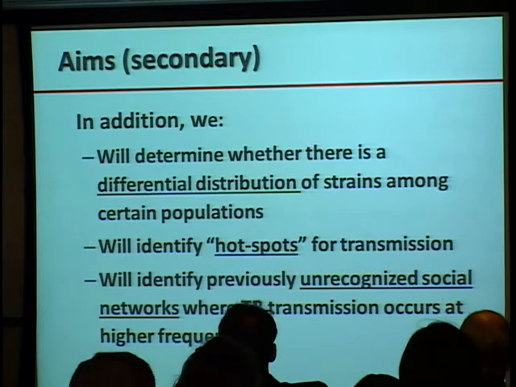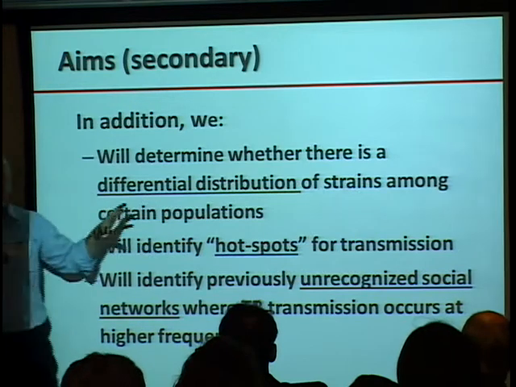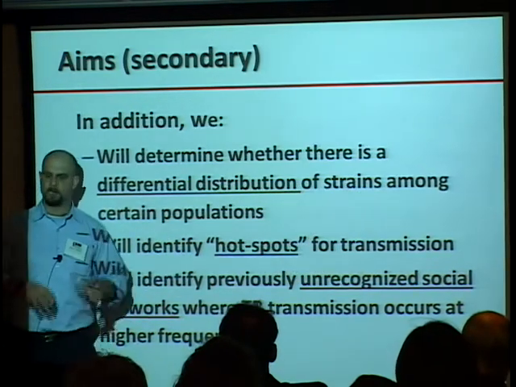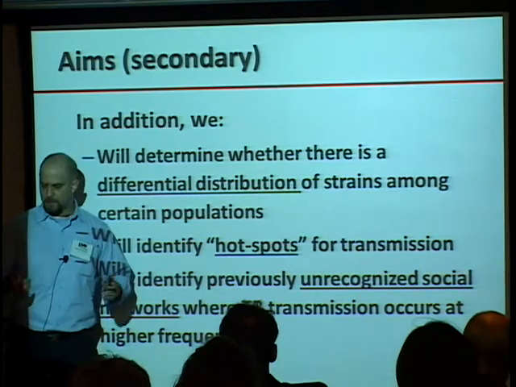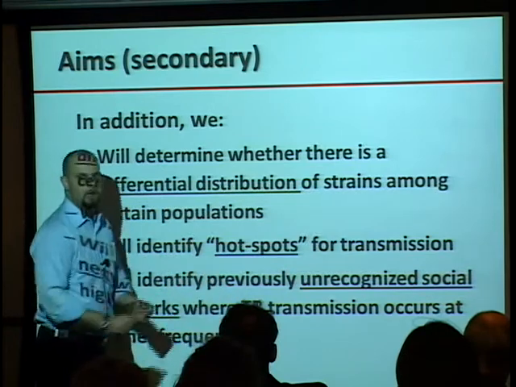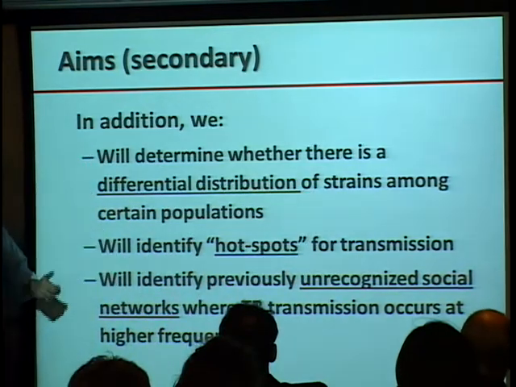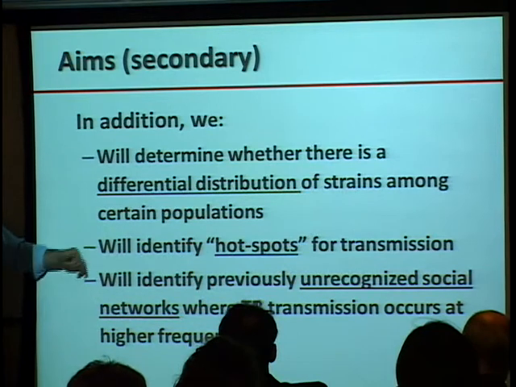In addition, because we're going to be collecting all the samples, we want to see whether there is a differential distribution of the strains, whether drug-resistant strains, less fit strains, are more prone to be in certain populations, like HIV positive or nosocomial populations, and so forth.